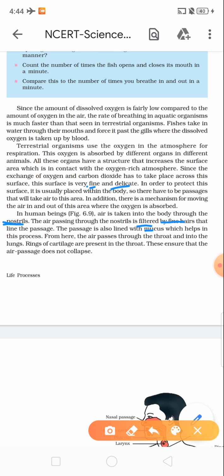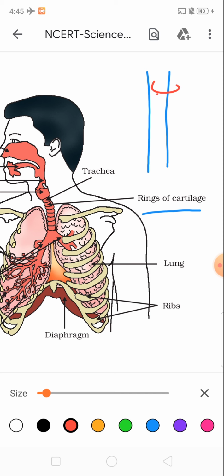This is what it is like. See, this is your trachea, and this trachea will have cartilage. Like this, C-shaped cartilage will be present on your trachea. That means from the back side the cartilage will be absent. It will be C shape.